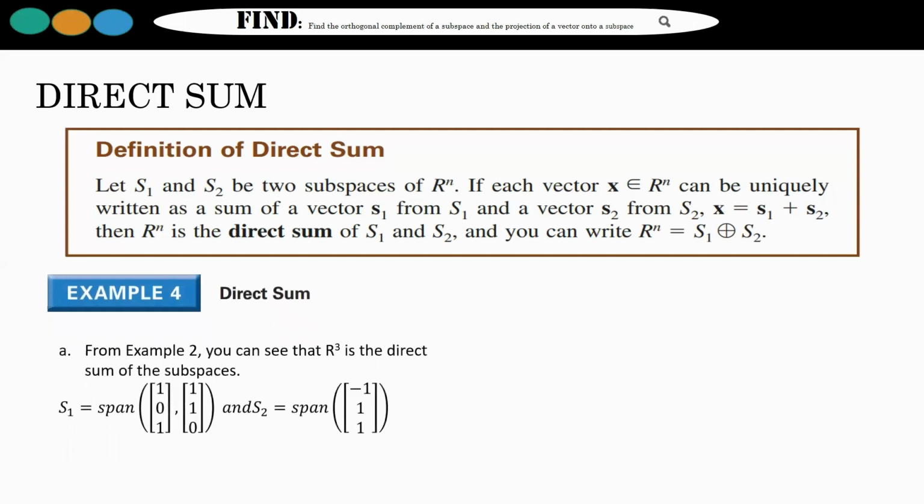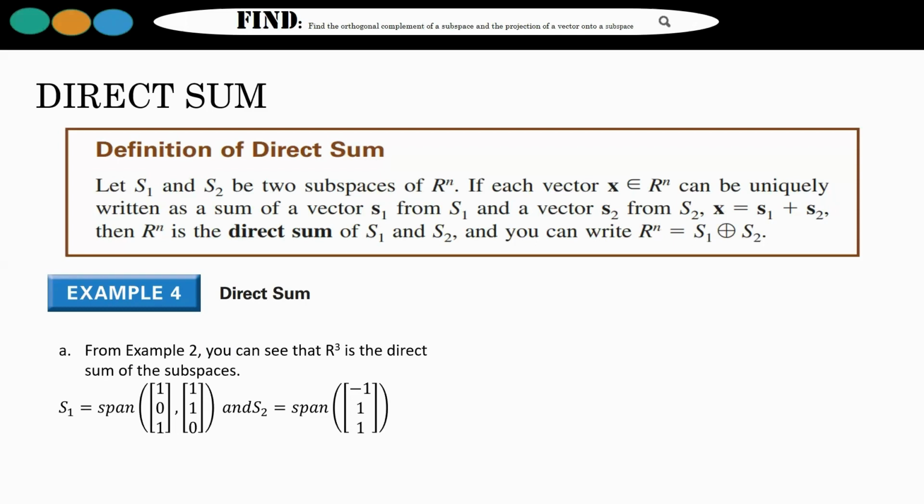So for example number 4, for direct sum, this is from example number 2. You can see that R cubed is the direct sum of the subspaces S sub 1, equal to span of 1, 0, 1 and 1, 1, 0, and S sub 2, equal to span of negative 1, 1, 1.